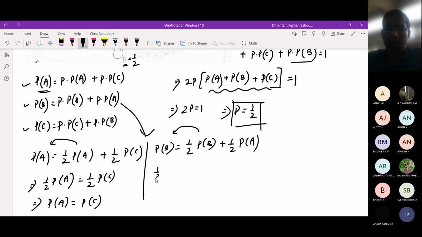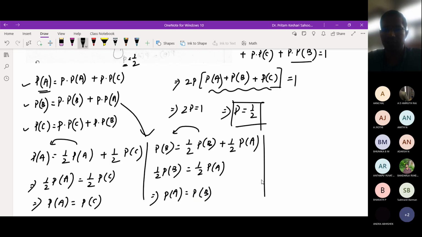So we will have half into probability of B is equal to half into probability of A. Cancelling half from both sides, we get probability of A is equal to probability of B. The same thing we will do for the third equation.